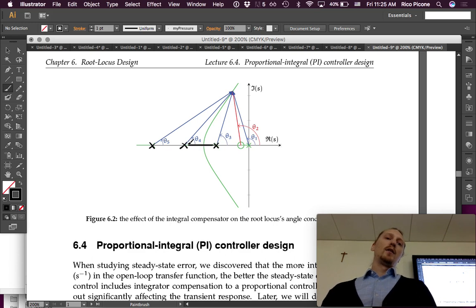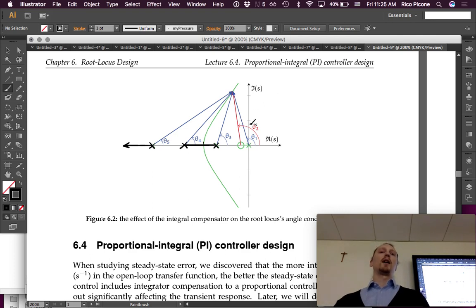Locus, no locus, no locus. Locus, right? So that one goes off there. There are going to be 3 asymptotes, and they're going to go off at these angles here, and the root locus will look just like the green plot did, right?